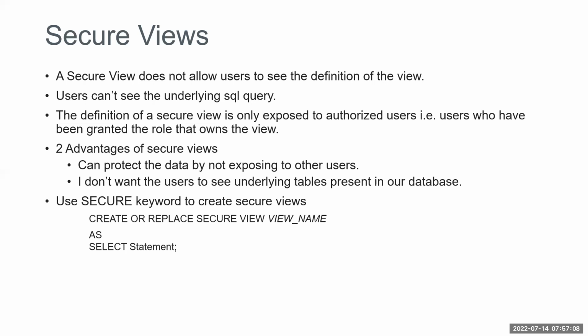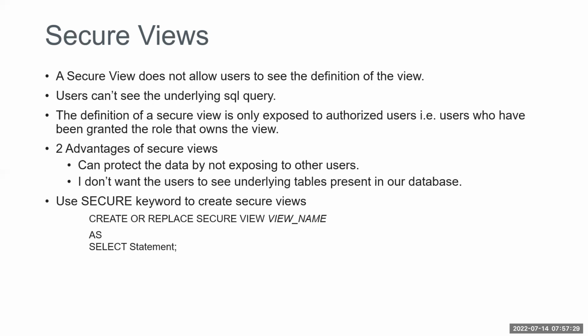But I don't want them to see what objects are present in my database. He needs some data and I'm providing that data. So why does he need to see the tables present in our database? I don't want to share those. I want to protect my tables. I don't even want any other users to see what tables are in my database.